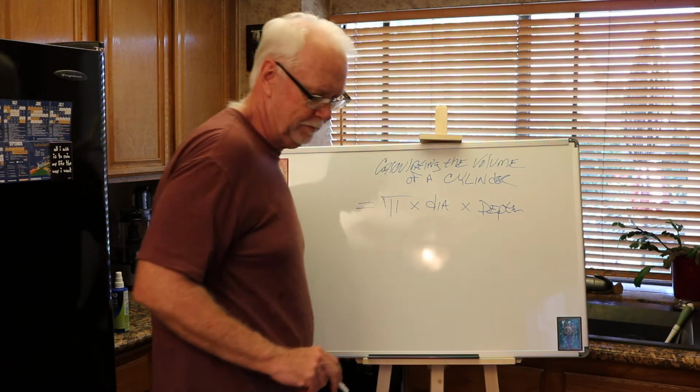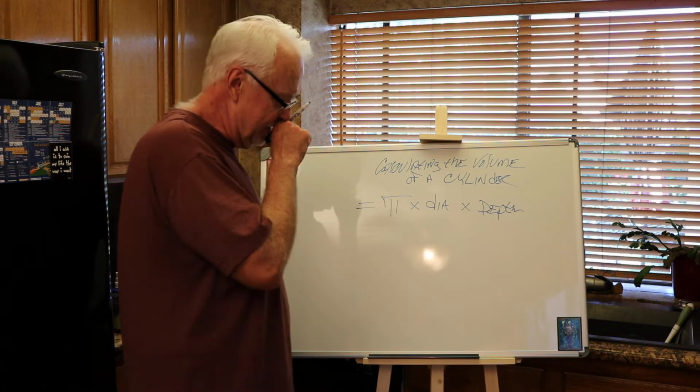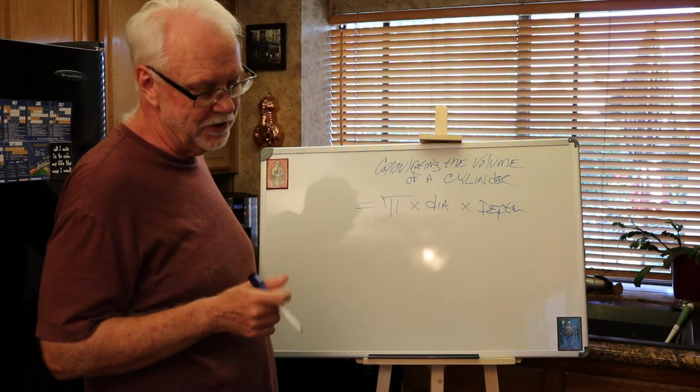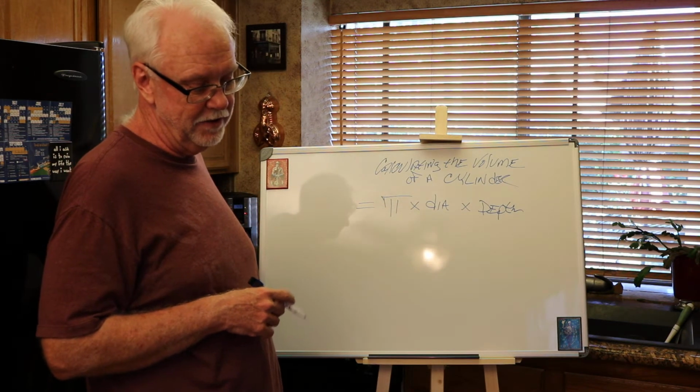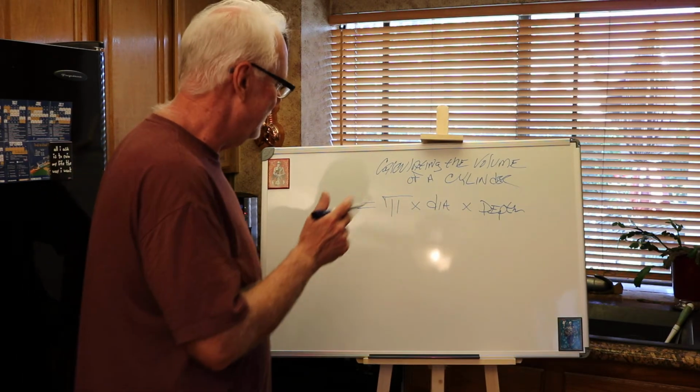Okay. So the volume of a cylinder is equal to the area of the base times the height. So that's the difference here. We're going to include the height.